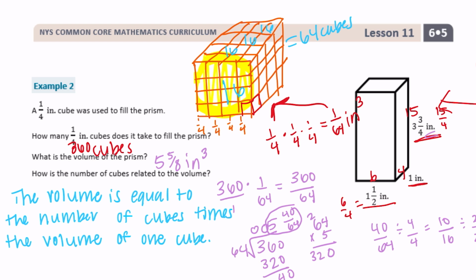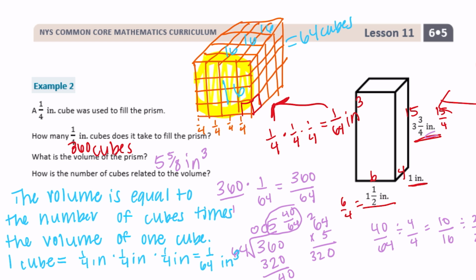So here, 1 cube is equal to 1/4 inch times 1/4 inch times 1/4 inch, which was 1/64 inch cubed, not 1/16, 1/64 inch cubed.